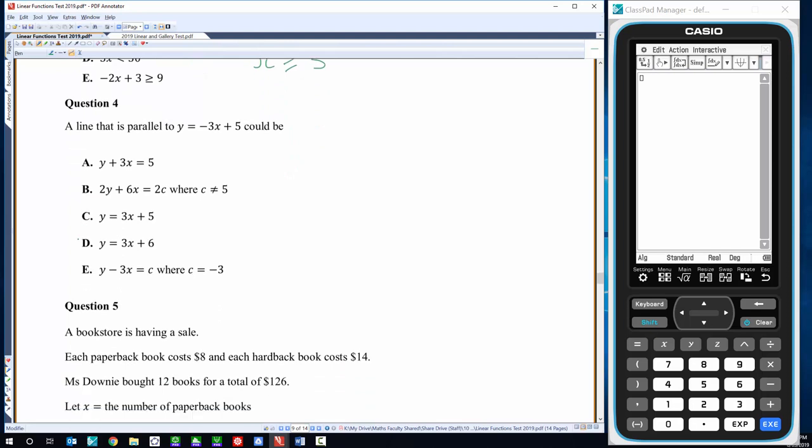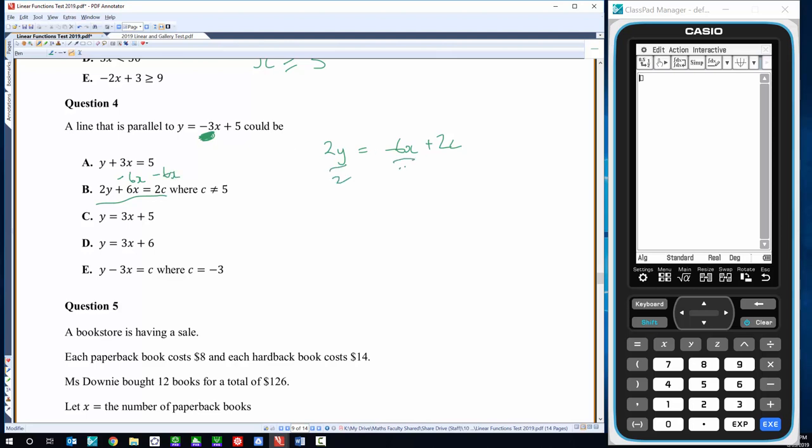A line that's parallel to this line could be, okay, so what we're looking for is a line that has a negative gradient, -3 in this case. Now, this was our winner here. Now, let's have a look. So 2y equals -6x plus 2c. That is, I subtracted 6x from this side and 6x from this side.